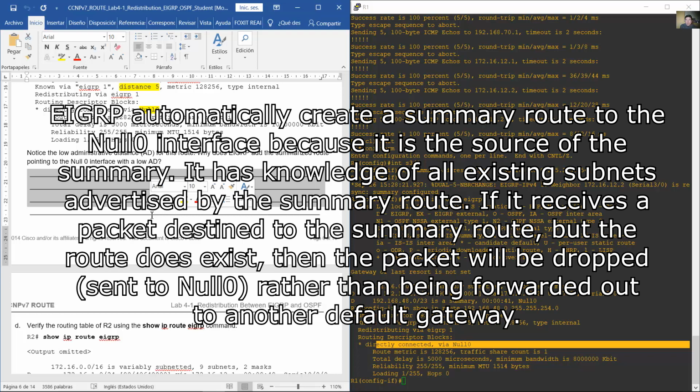If it receives a packet destined to the summary route, but the specific route doesn't exist, then the packet will be dropped, sent to Null0, rather than being forwarded out to another default gateway.